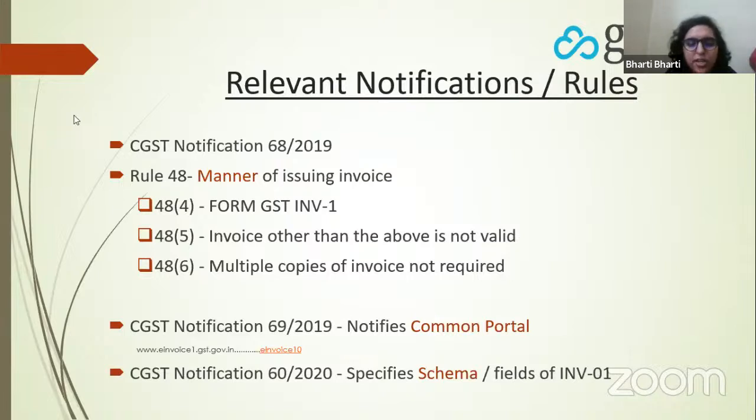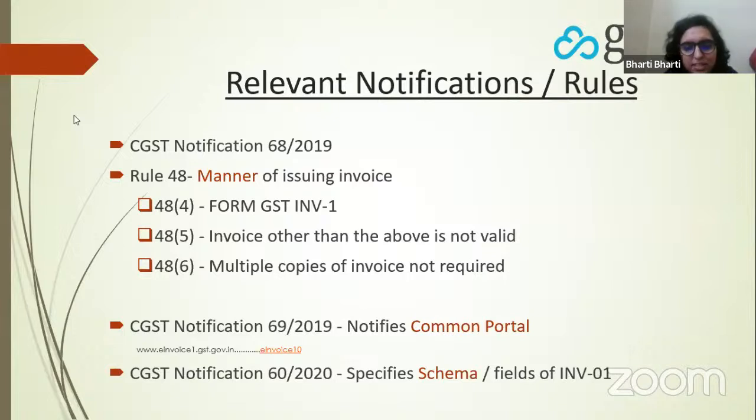So as per Rule 48.1, a person has to provide multiple copies, one for supplier, one for transporter. In case of e-invoicing, that is not required. As per notification 69/2019, it notifies the common portal, which is einvoice1.gst.gov.in, where everybody who's eligible for e-invoicing has to register, and it also connects you for e-invoicing.